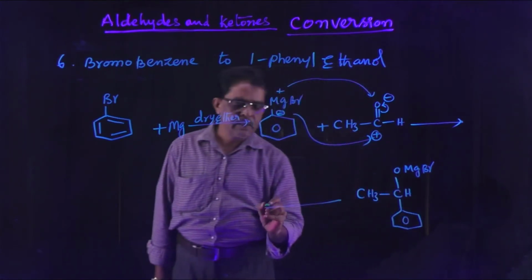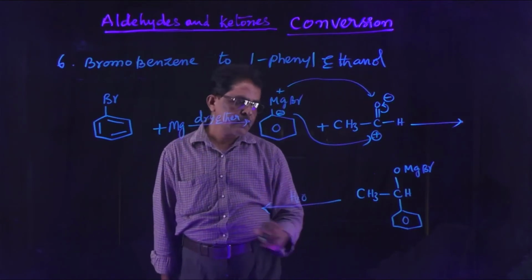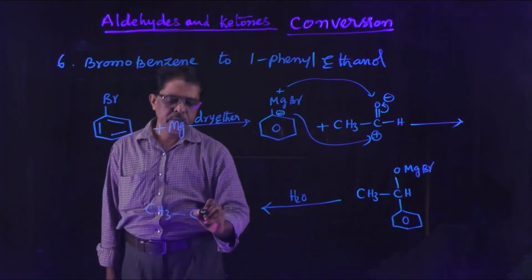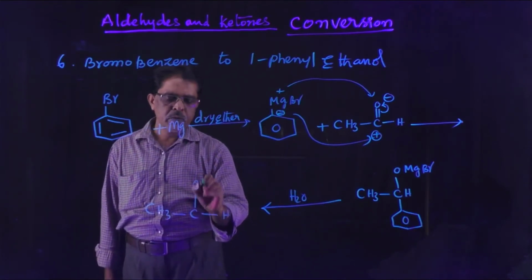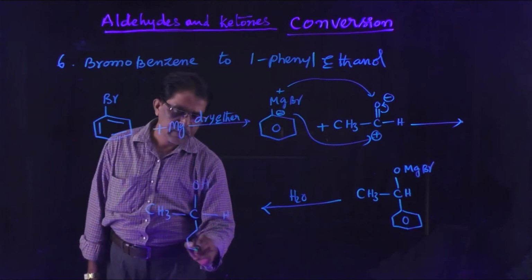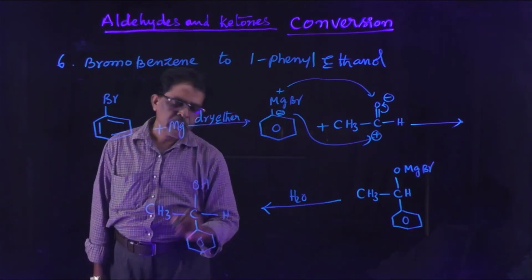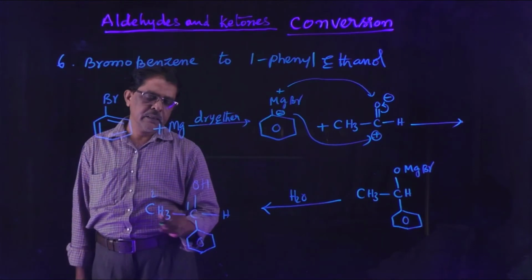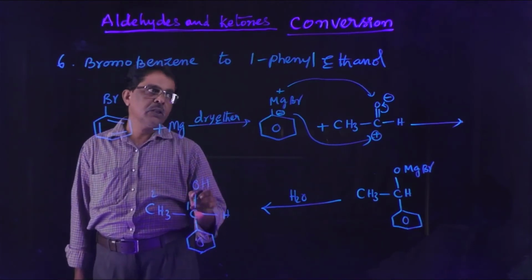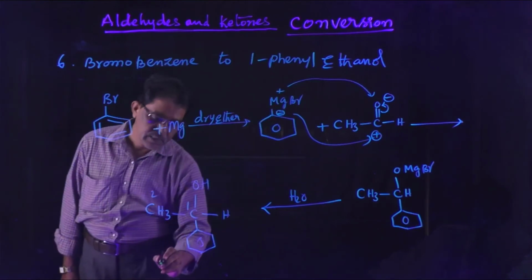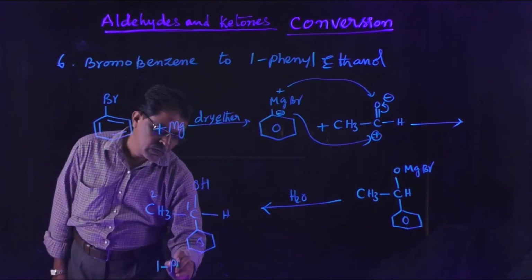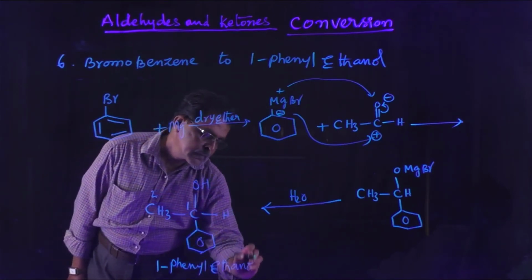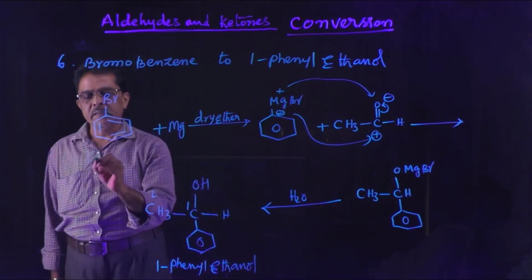This product is followed by hydrolysis. Then we will get here CH3CH(OH) with the phenyl group. What is the name of this compound? Two carbon atoms are there, with phenyl: 1-phenyl ethanol is obtained from bromobenzene.